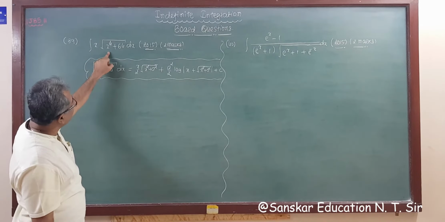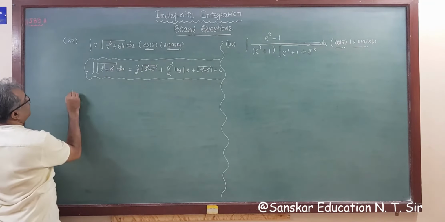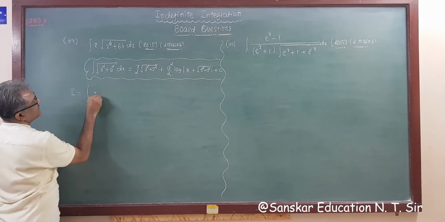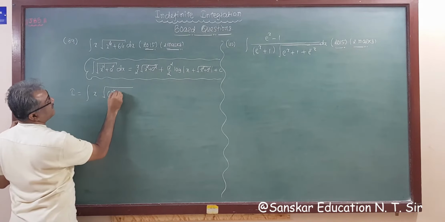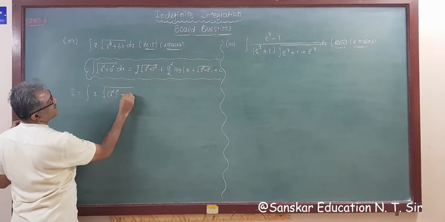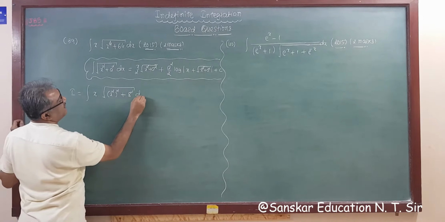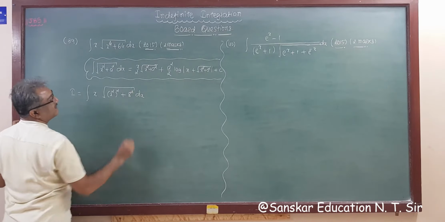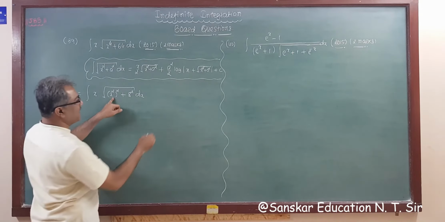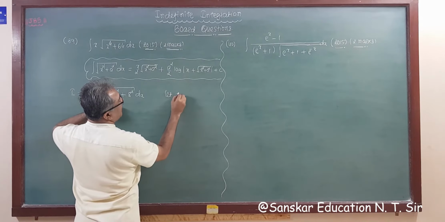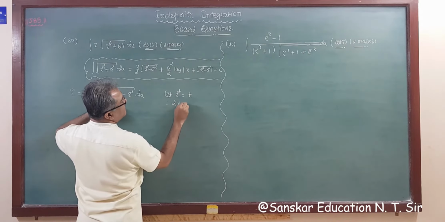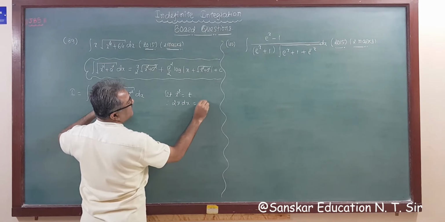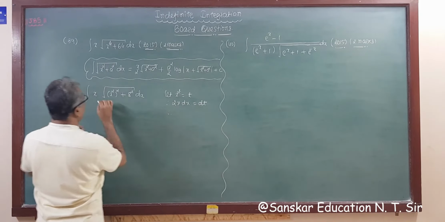So if we take x square is equal to t, see here what happened. Integration x, can I write like this, under root x square whole square plus 8 square, and dx, right? So if we assume x square is equal to t, that means the derivative of this is twice x dx is dt.